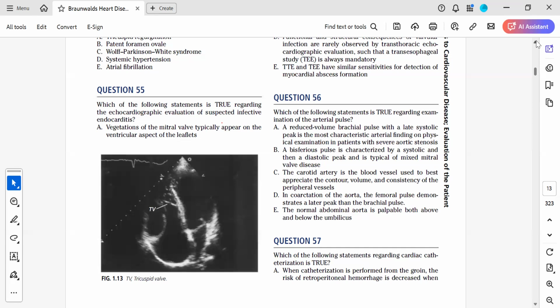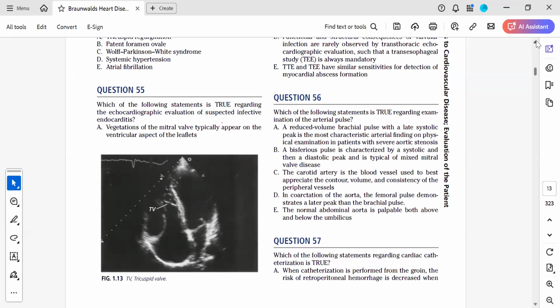The volume and contour of the arterial pulse depends in part on some factors, which include left ventricular stroke volume, the ejection velocity, and the compliance and capacity of the arterial system.